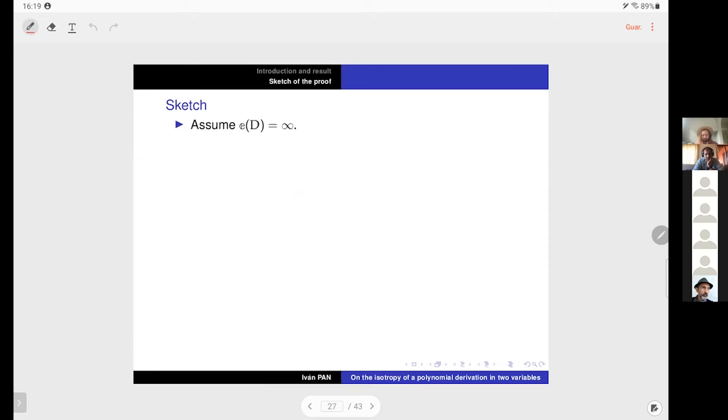Let me see the time. Nice. Now we consider the other case where this number, the invariant, is infinite. That is, there is an infinite number of these D-stable ideals generated by irreducible polynomials.